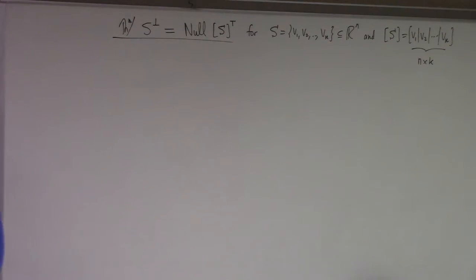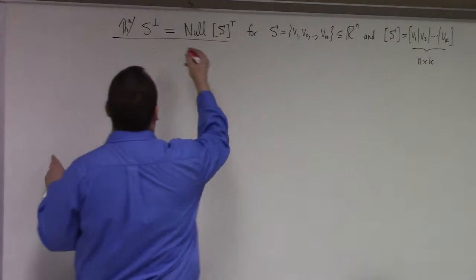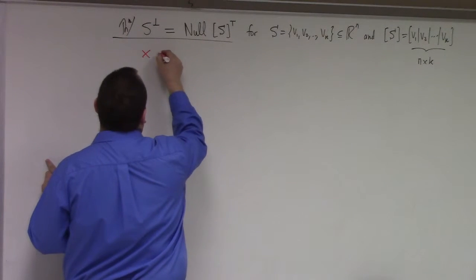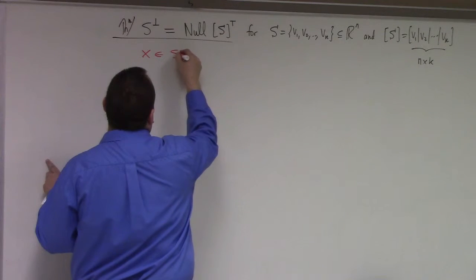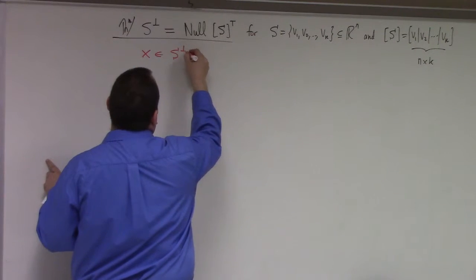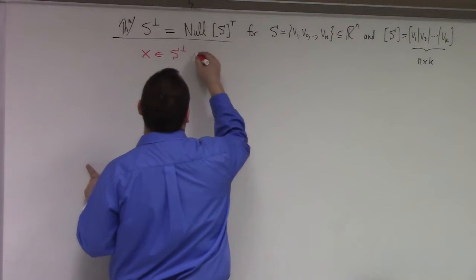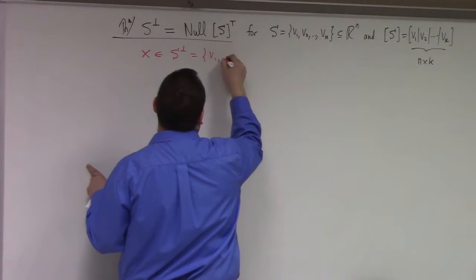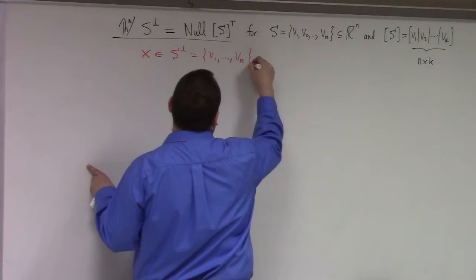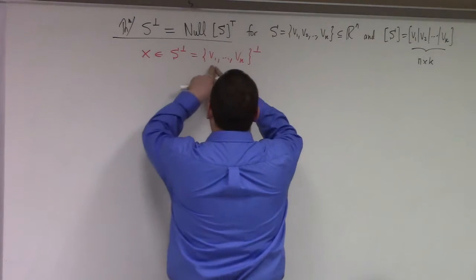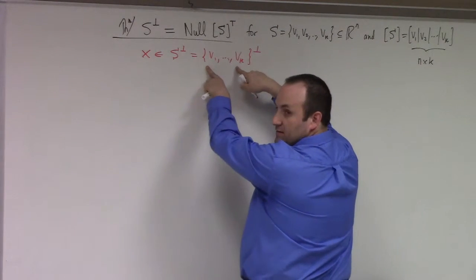What does it mean for a vector to be in the perp to S? So suppose you have x as an element of S perp. What would that mean? It's perpendicular to what? All of these vectors, right?